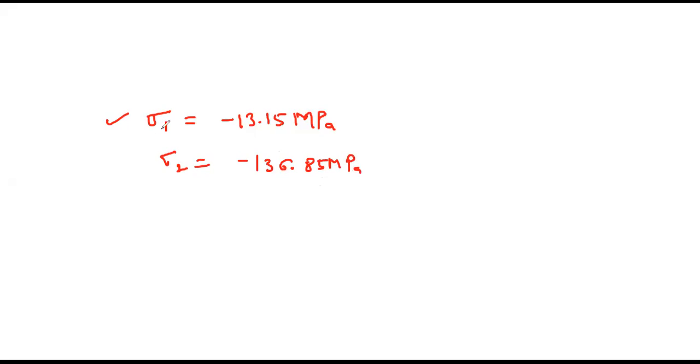And the location of these principal stresses, those are theta P1. 2 theta P1 is equal to the angle, the location of the major principal stress, at 75.9 degree. Then theta P1 will be approximately 37.9 degree.